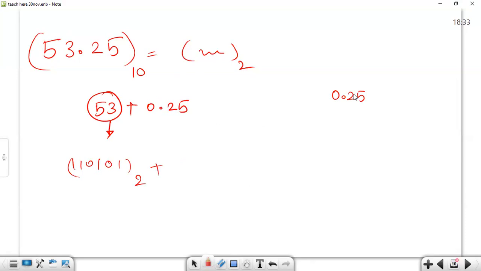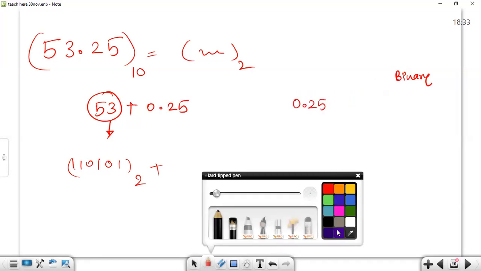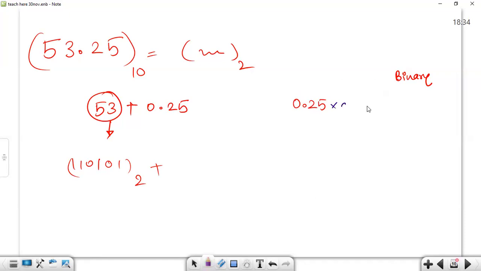So for doing this, we are simply going to write 0.25 here, and write binary here. So simply what we are going to do is multiply this number by which number? 2. Okay. So we are going to multiply this particular given number by 2.